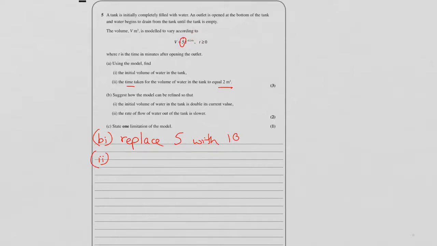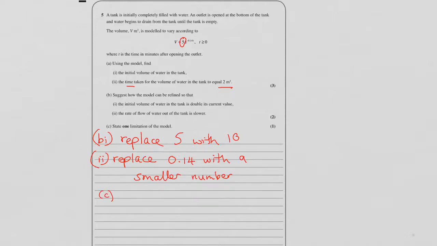And if we want to slow it down, we're going to expect that 0.14, which is in front of the t, not the negative, that tells us it's decreasing, but that 0.14, if that was smaller, it would come out of the tank even slower. So replace 0.14 with this smaller number. Okay, you're not replacing the negative, you are replacing the actual number.